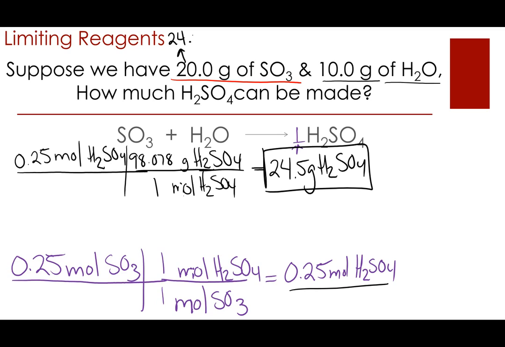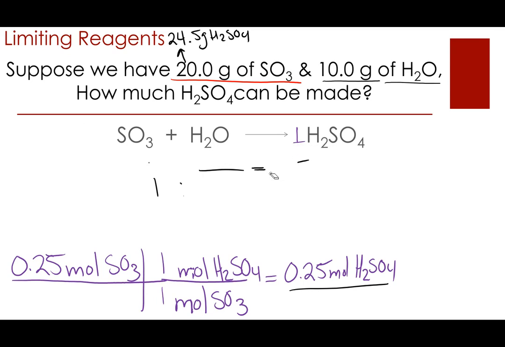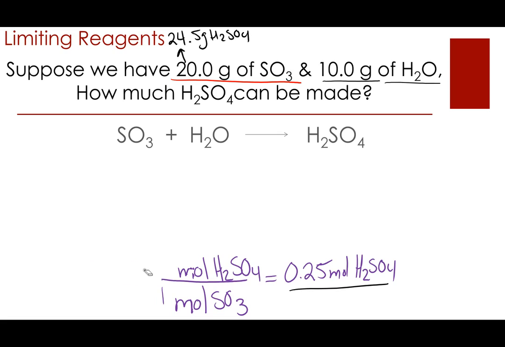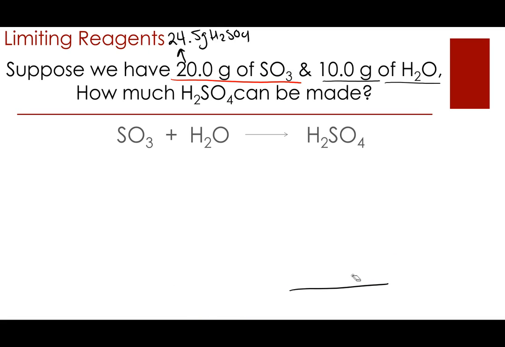So we can get 24.5 grams of H2SO4. Okay. All right. So now let's do this same process, but we're going to start with water. And if you guys would like to challenge yourself, now would be a good time to maybe pause the video, do your stoichiometry with water, and see if you get the same answer that I get.